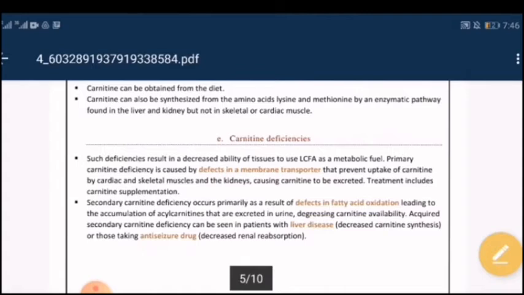Because cardiac and skeletal muscles cannot synthesize carnitine, it must come from the diet, so we cannot take it up into the cell. Where does it go? It is excreted in the urine, because it's not used. Now we cannot metabolize the long-chain fatty acids. Of course, there is a solution, don't worry. The treatment includes carnitine supplementation.